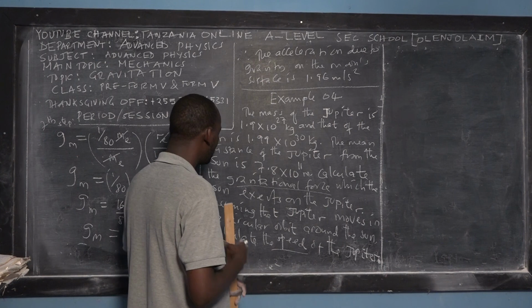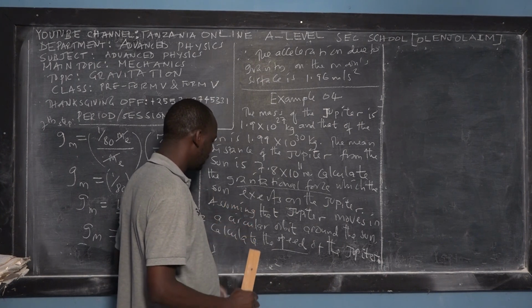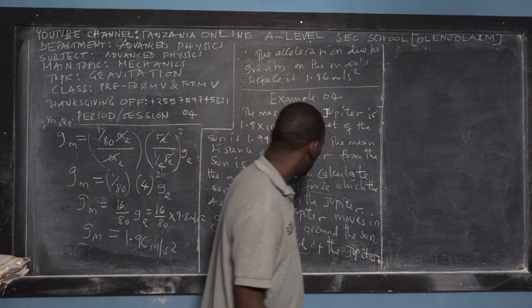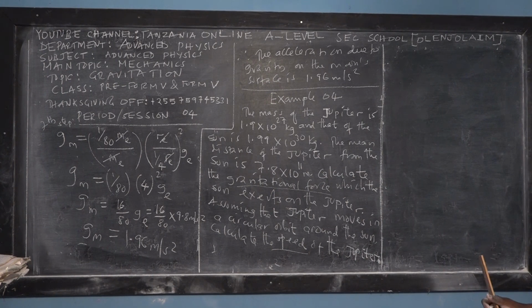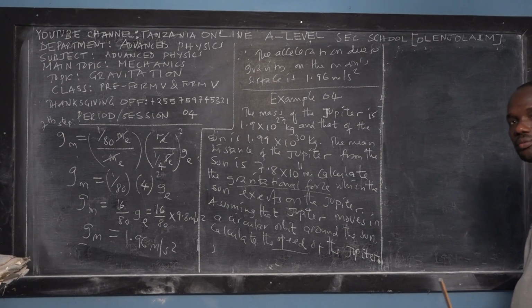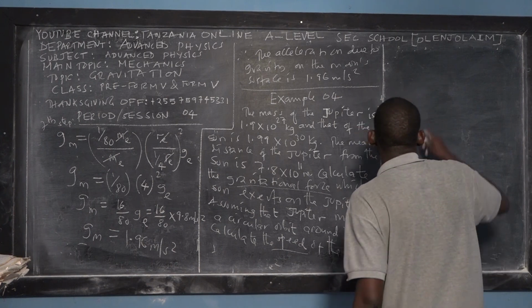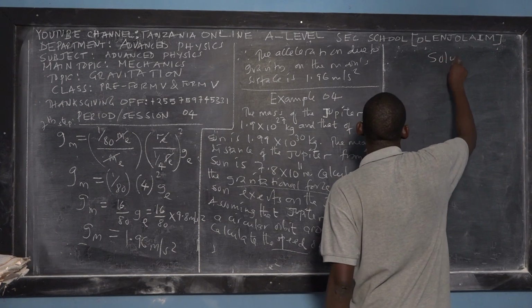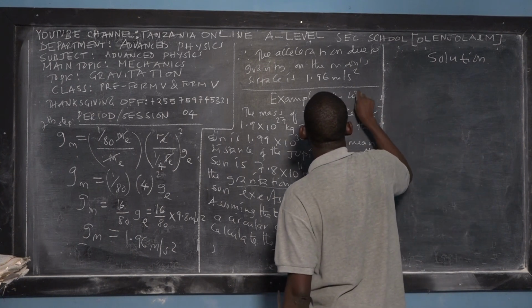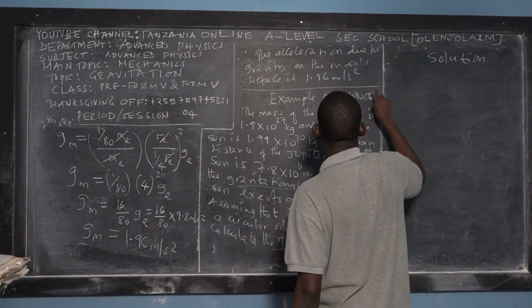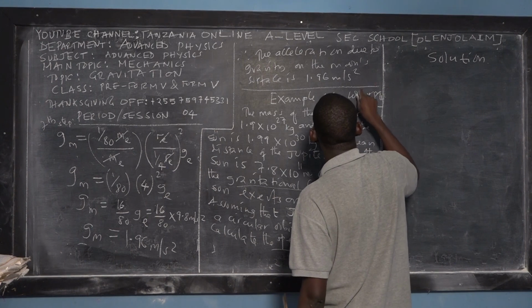Some of the information about the speed is in the next sentence: assuming that Jupiter moves in a circular orbit around the Sun, calculate the speed of Jupiter. Not the period, the speed of Jupiter. You want to try? It's a little bit conceptual because it demands another topic of mechanics.